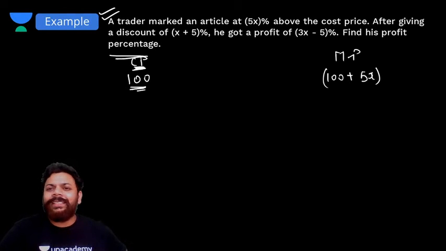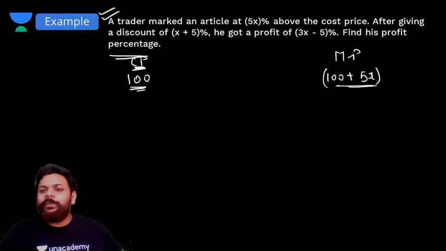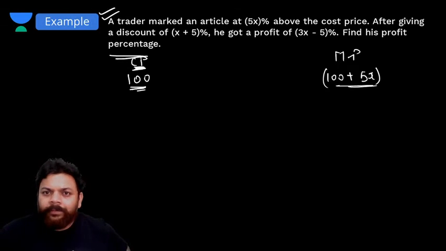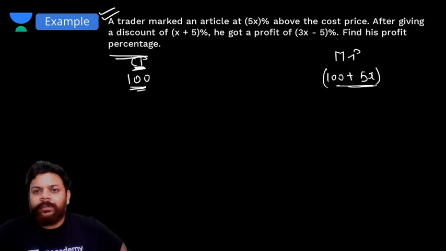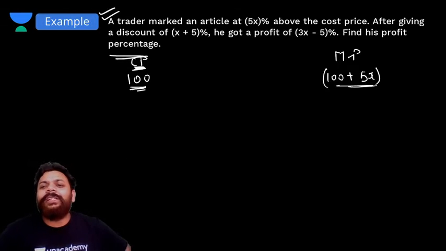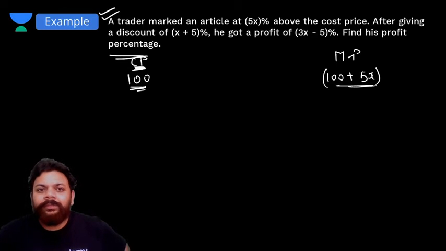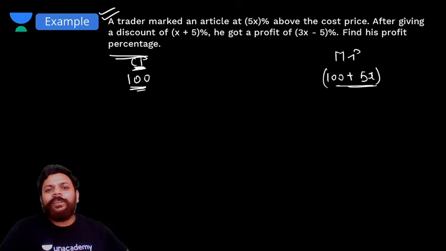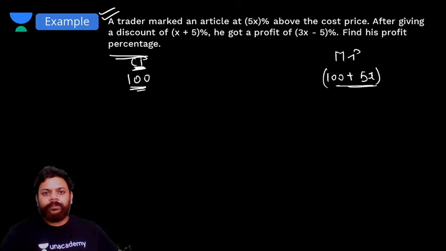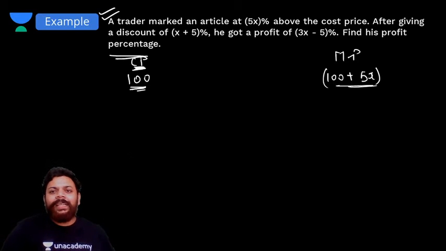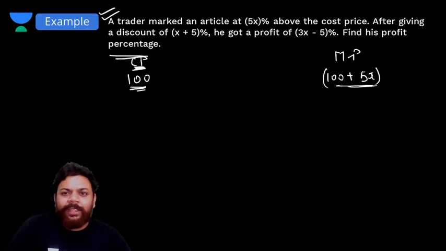So if cost price is this, then 5x% is going to be 5x, because obviously the 100 I assumed, of 100% will be cancelled. After giving a discount of this much percent on the marked price, he finally got... So I am only giving hints. Just try to think like this.